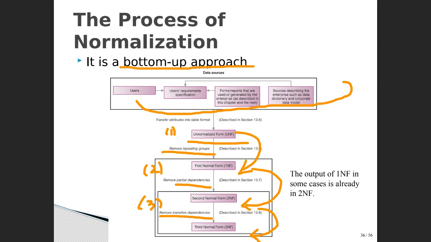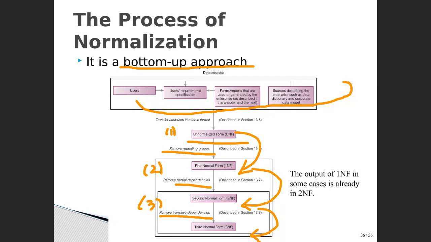So in summary, the normalization will be in 3 processes. Number 1, from UNF, an unnormalized form, to first normal form. How can we do it? By removing repeating groups.